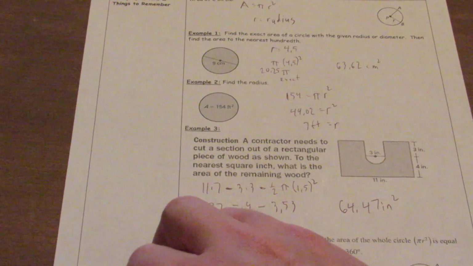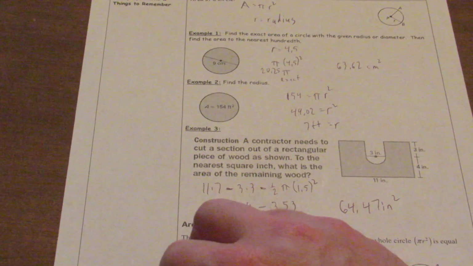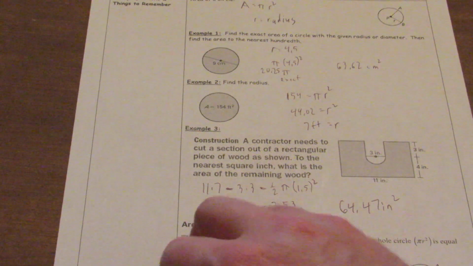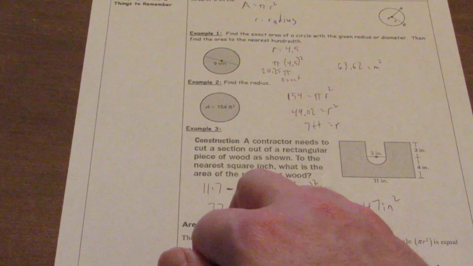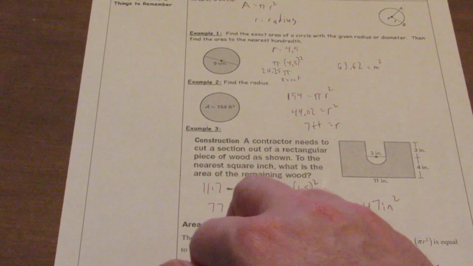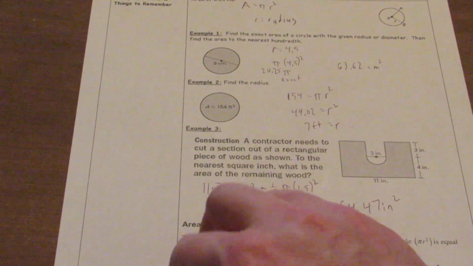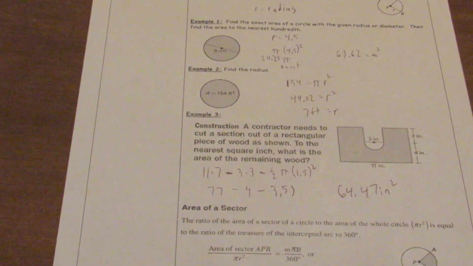Realize if they asked for an exact answer here, you would do 77 minus 9, which would get you 68, and then minus half of 2.25, which is 1.125 pi. But here they don't ask for it, and that probably makes more sense to most of us, so we'll leave it like that.